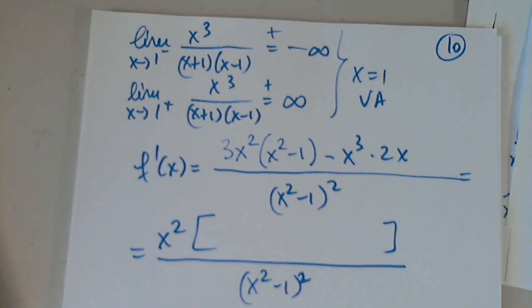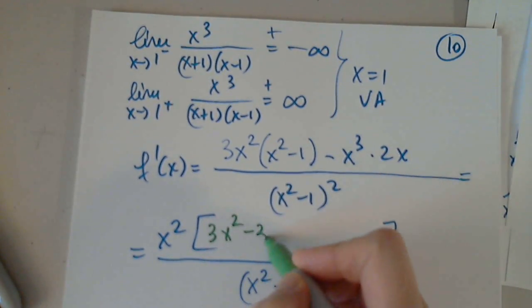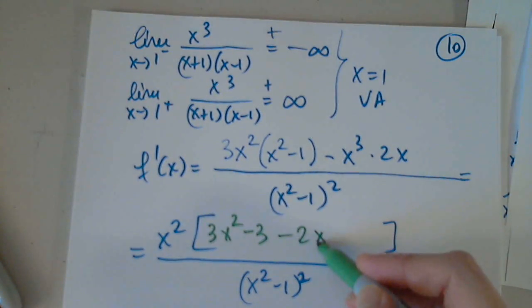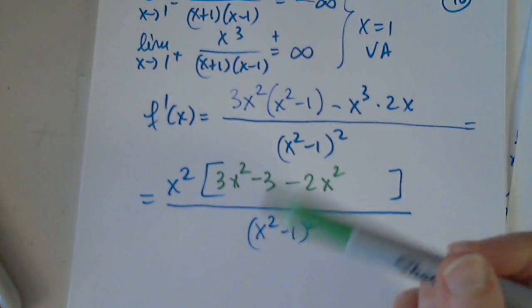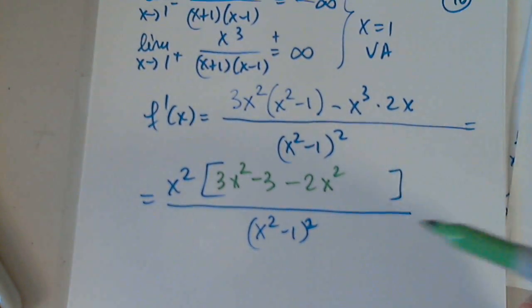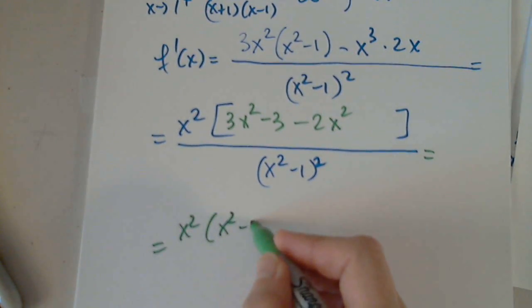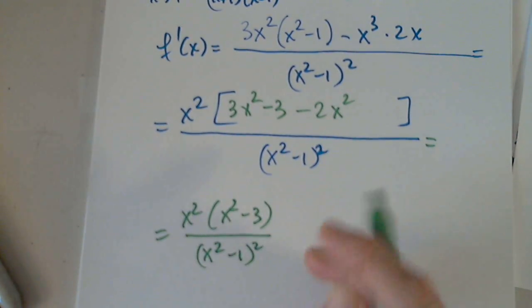Okay, then, so what we have here is 3 distributed, so 3x squared minus 3. I took out x squared, so this is minus 2x squared. So 3x squared minus 2x squared is x squared. So x squared minus 3 over x squared minus 1 squared.